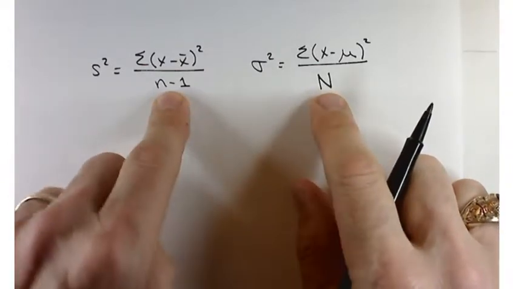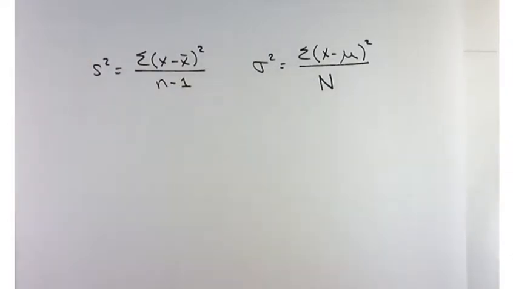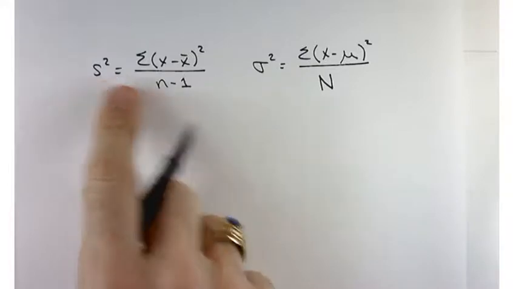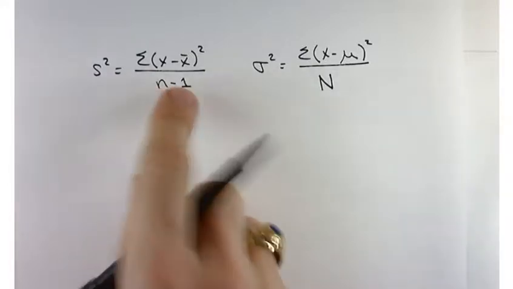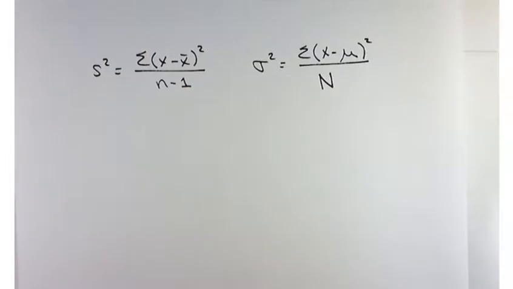Now the reason for this is that it makes S squared an unbiased estimator. That's a good thing, because on average, the sample variance is going to give you the population variance when you divide by n minus 1. I'm not going to go into a detailed discussion about that any further.